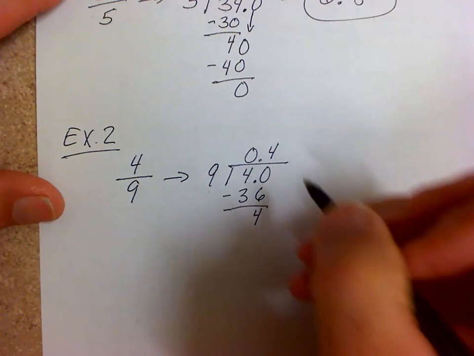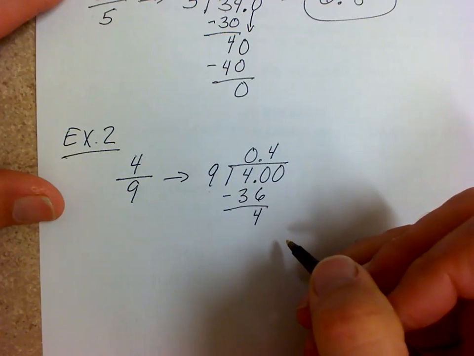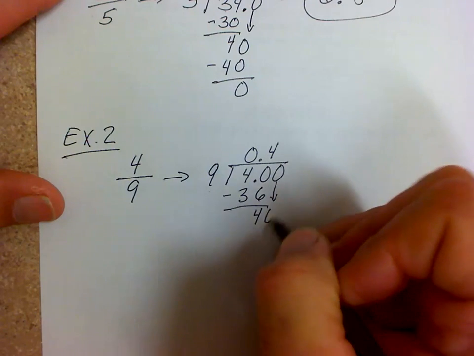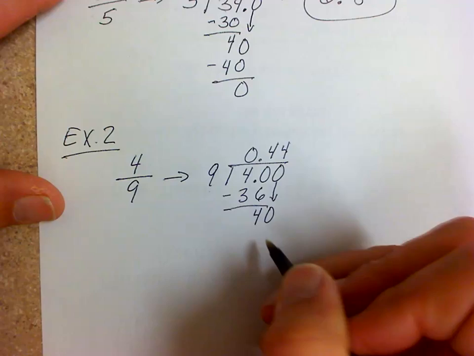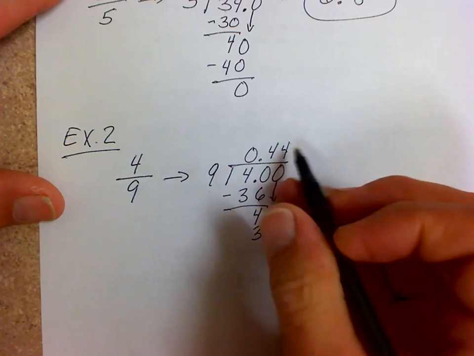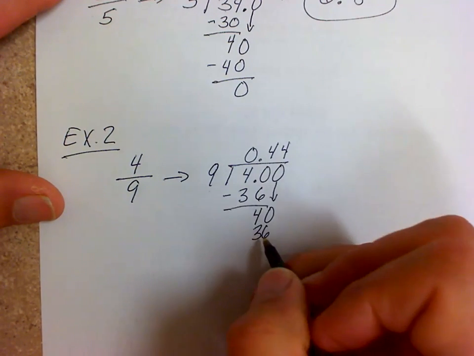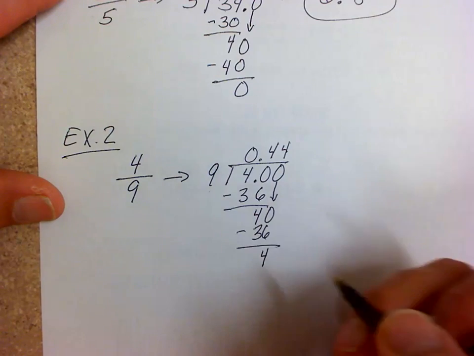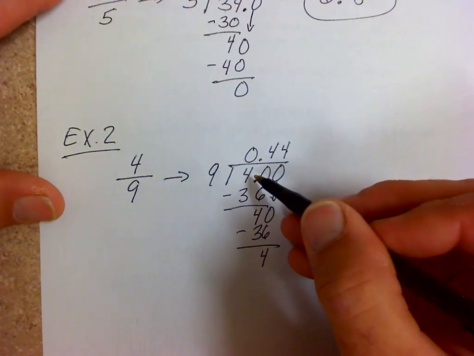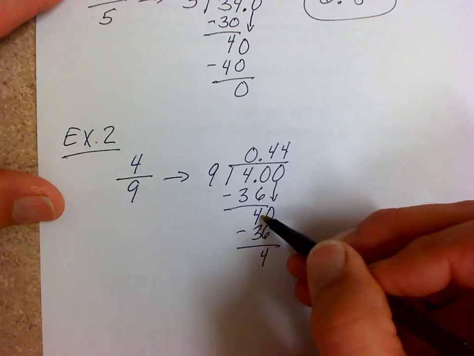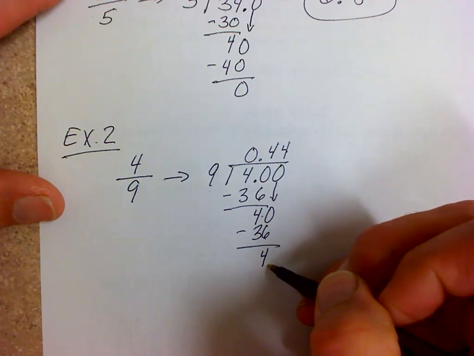We have not stopped yet, so we have to add a second 0. We want to bring that 0 down. Now we have 40. 4 times. 4 times 9 is 36. Subtract that off. We got a 4 again. So if you notice here, we started with a 4. We had another 4. We've got another 4.